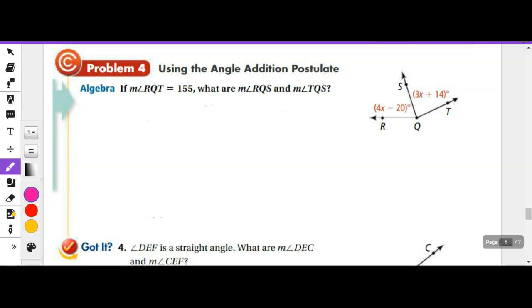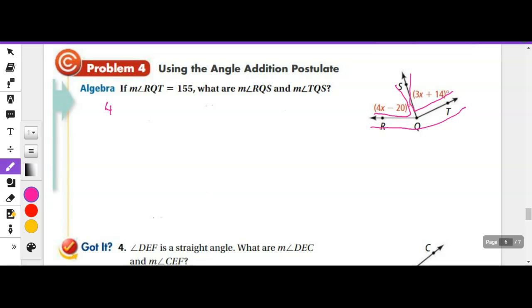So if the measure of RQT, that's this big angle, is equal to 155, they want to know what is the measure of RQS and what is the measure of angle SQT. So to do that, we're going to add up the two small pieces.